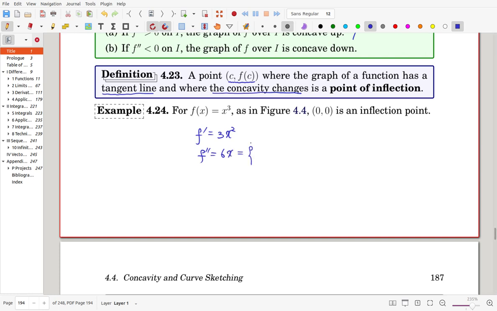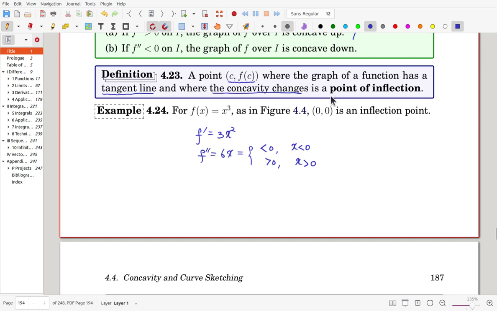This is negative when x is negative and positive when x is positive. So the left-hand side of 0 is concave down, and the right side of 0 is concave up.